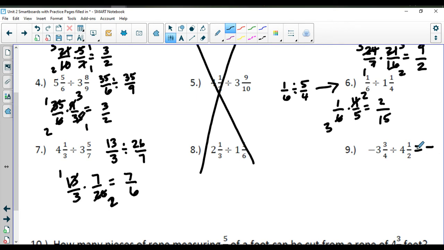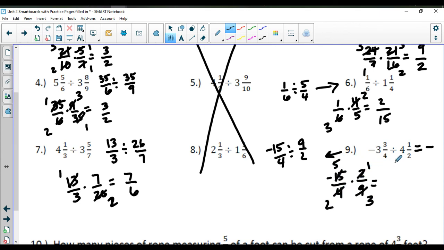And going ahead, I'm going to push them off to the side right here. So I have negative 15/4 divided by, this is 9/2. So I'm going to have negative 15/4 times 2/9. And going to go ahead and reduce. Divide by 3, divide by 5, divide by 2. And 5 times 1 is 5, 2 times 3 is 6. And remember, my answer is negative.